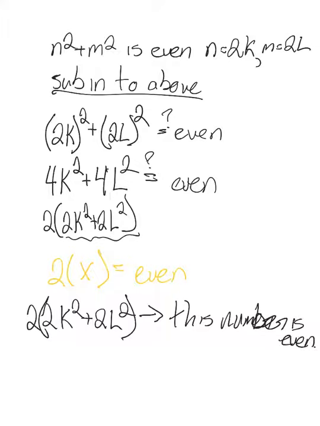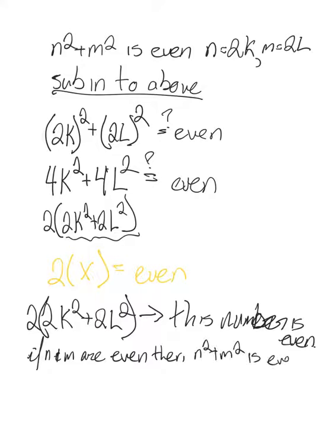Okay, so therefore we can go back to the beginning of the proof, which says if n and m are even, then n squared plus m squared is even, which we did just prove.